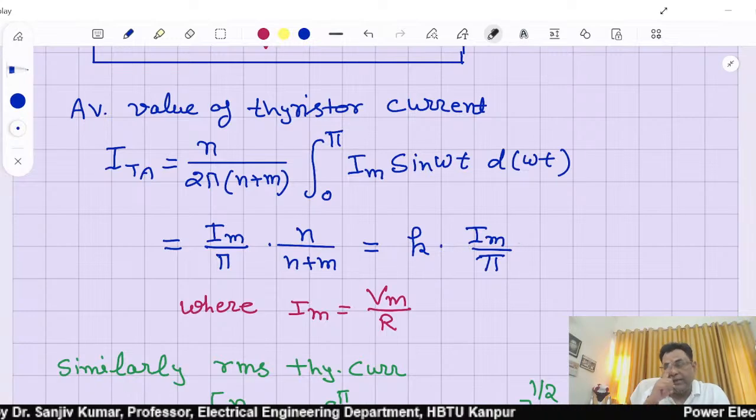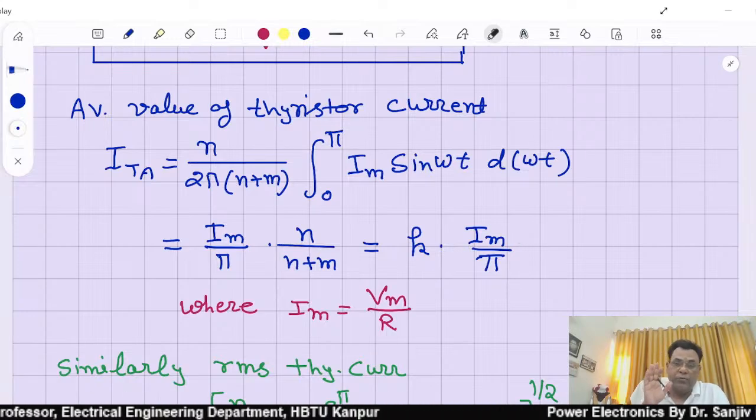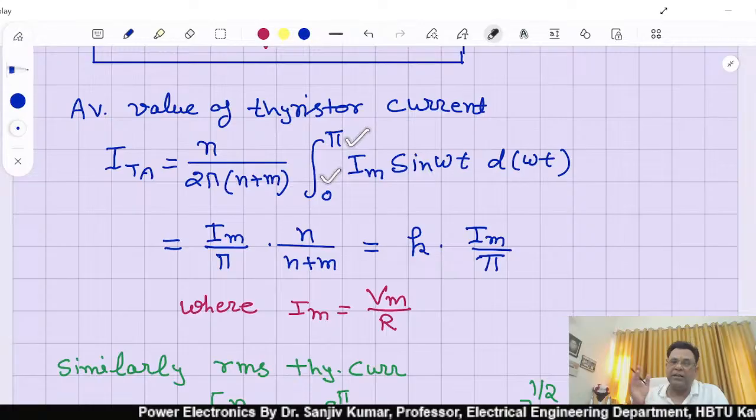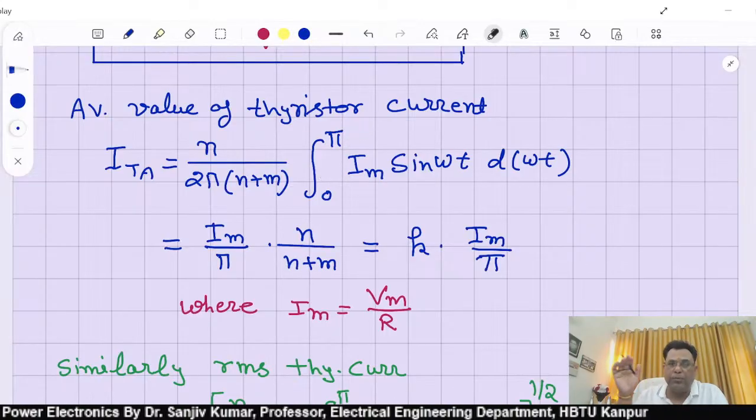Here just see, for average current, there are two thyristors. So current in T1 is flowing from 0 to pi. Similarly, current in T2 is flowing from pi to 2 pi.